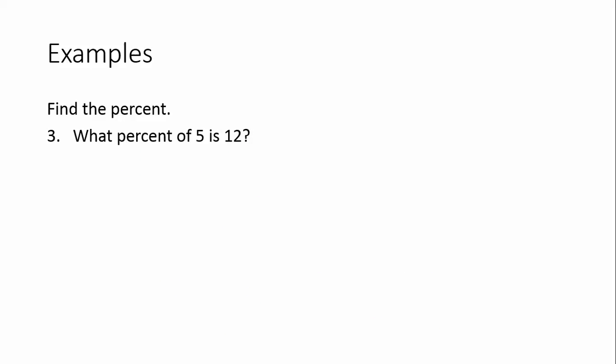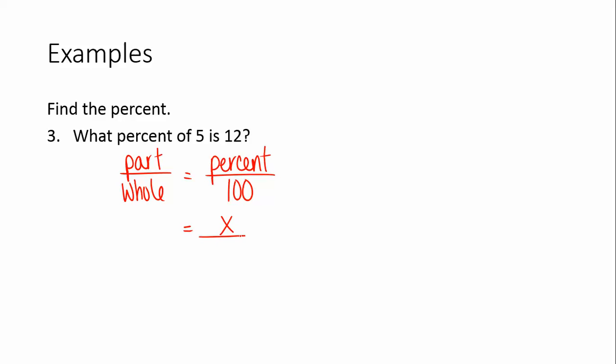Next we have, what percent of 5 is 12? So we're still trying to find the percent, but this one's just worded a little bit differently. And you have to be able to look at these problems and understand which pieces you're given and which piece you're asked to find. So the percent, again, we don't know because it says what percent. The part is 5, the whole is 12. So we cross multiply: 12x equals 500.